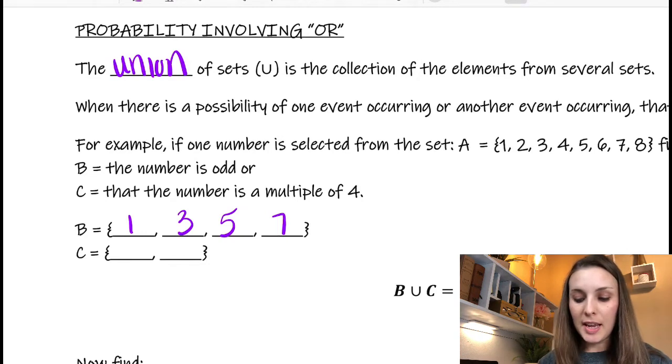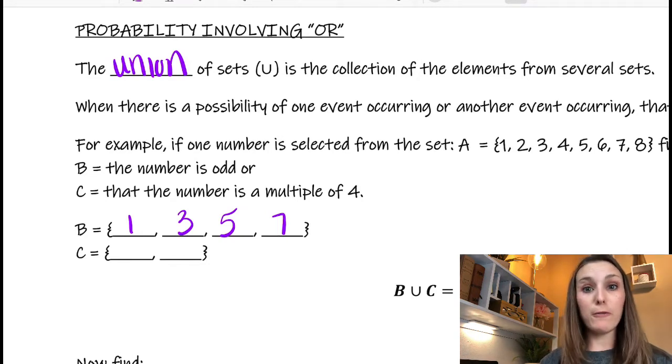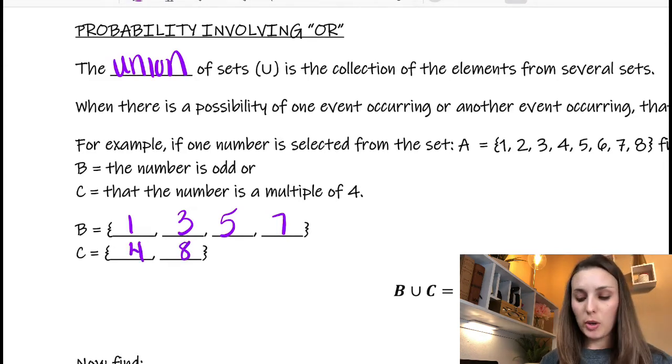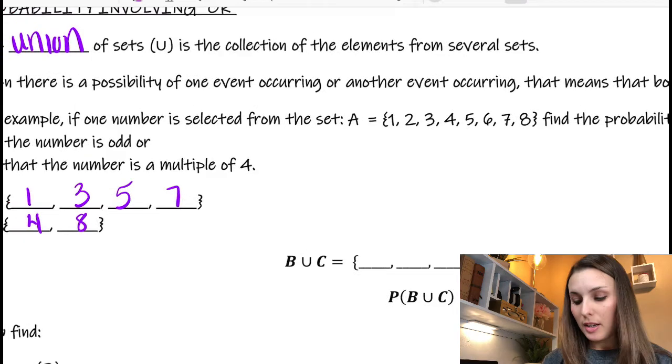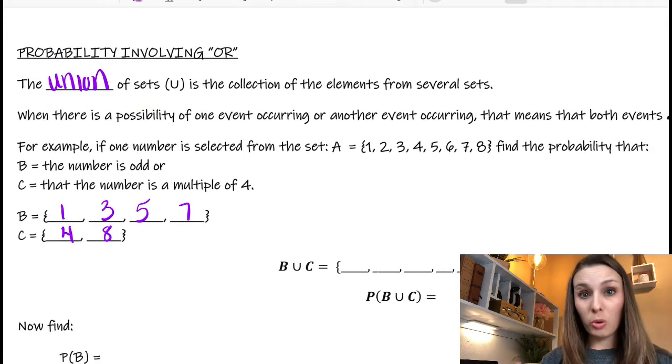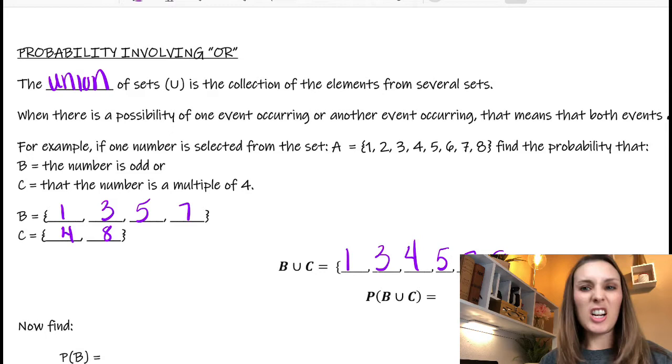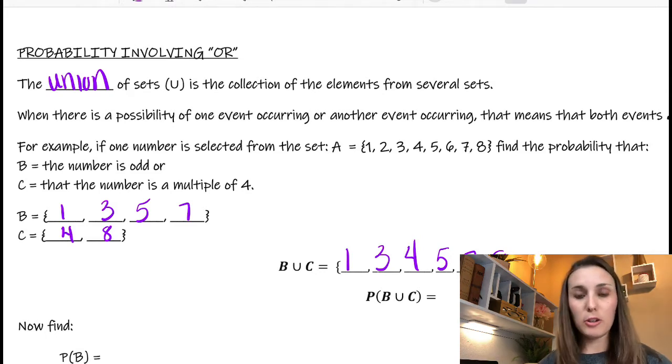Event C is that the number is a multiple of 4, so multiples of 4 would be 4 and 8. If I take the union of these sets, I just join them together into one set: 1, 3, 4, 5, 7, and 8. I just put them in numerical order because that's easier for me.